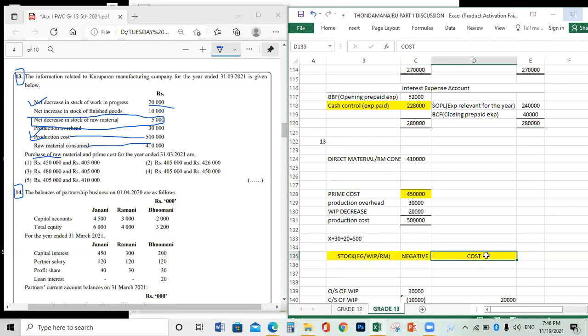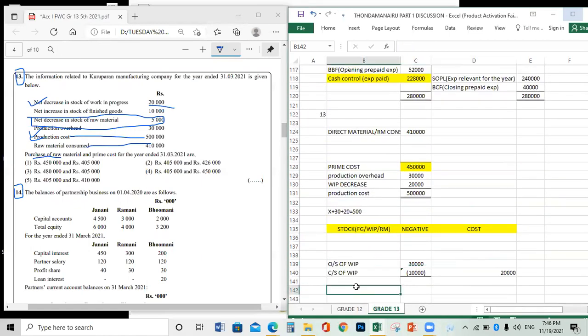If the raw material is decreasing, what happens to cost? Increase or decrease? They say raw material is decreasing. What happens to cost? Cost is increasing, negatively related. Please don't forget that. Some students still didn't understand that, so I will explain once more.